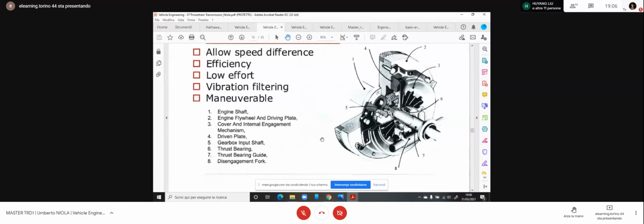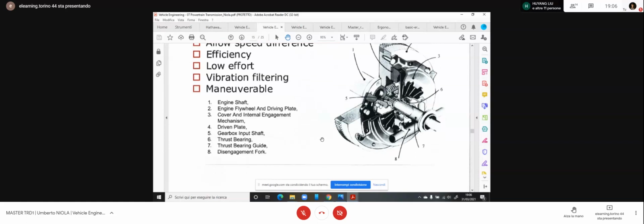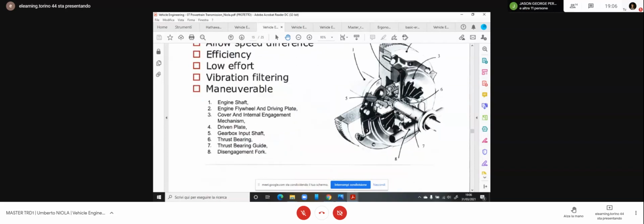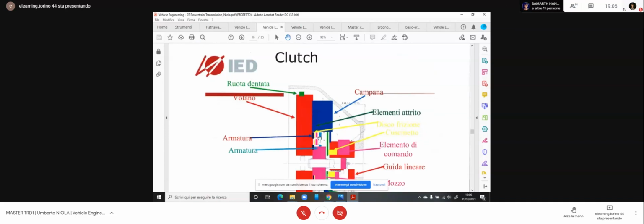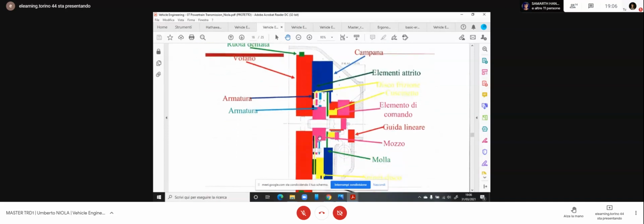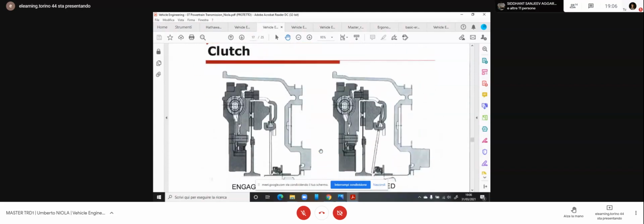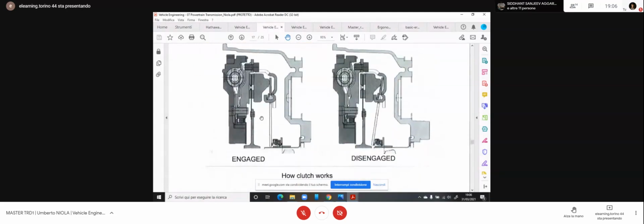So it's a very easy to understand mechanism, except for complication due to the introduction of these torsional dampers and added devices for functionality of the system. But anyway, the concept is very easy. This is another representation, which is easier to understand.